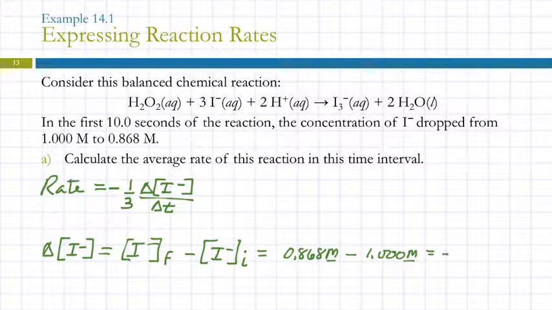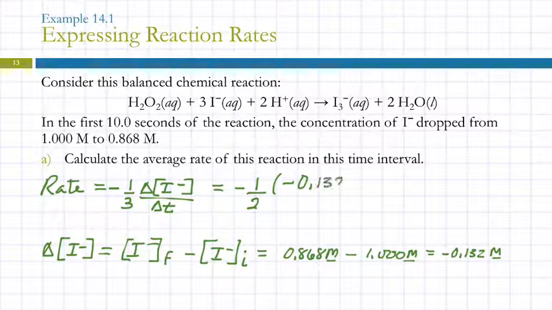So negative 0.132. And if I screw up, please let me know. So that's our change in iodide concentration. So we get the minus 1/3. Up here we've got negative 0.132 molar.